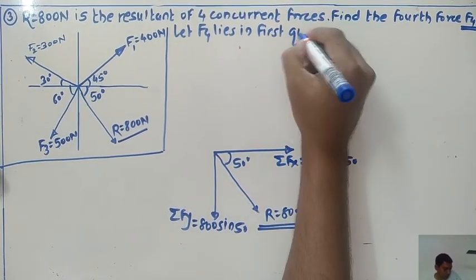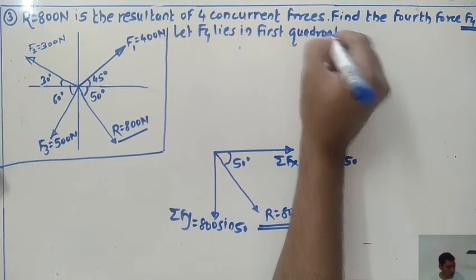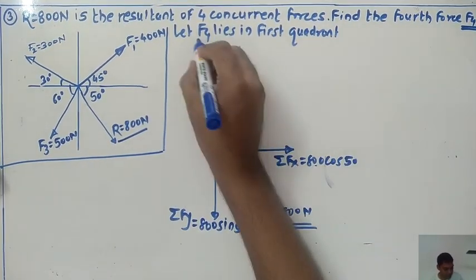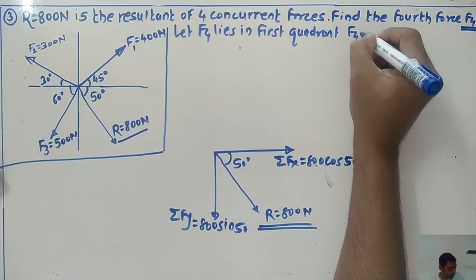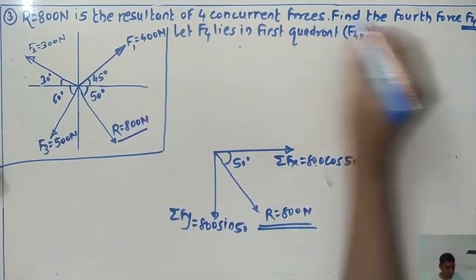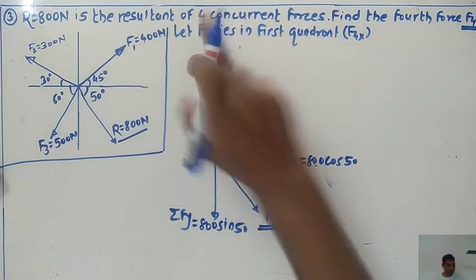So this is the force F4, and what does F4x indicate? F4x is nothing but the horizontal component of F4.